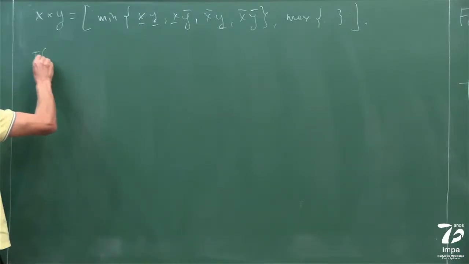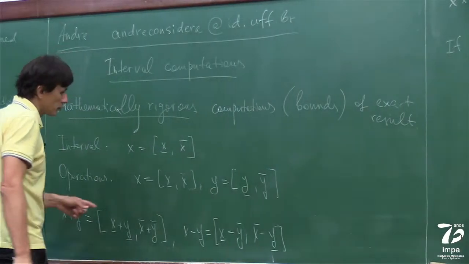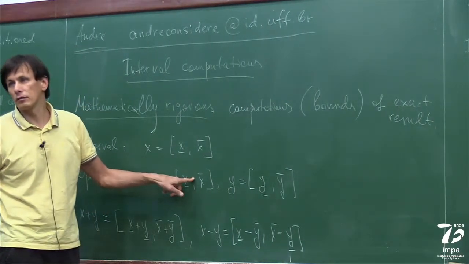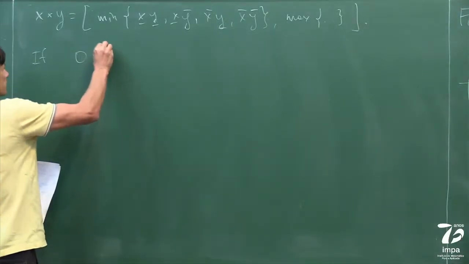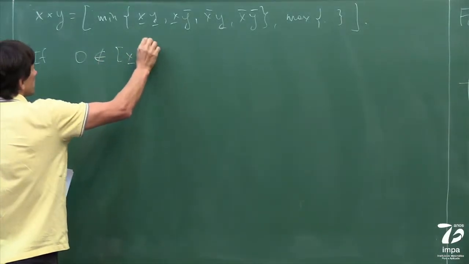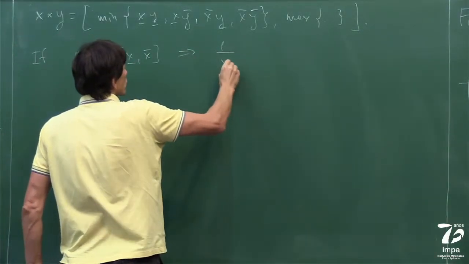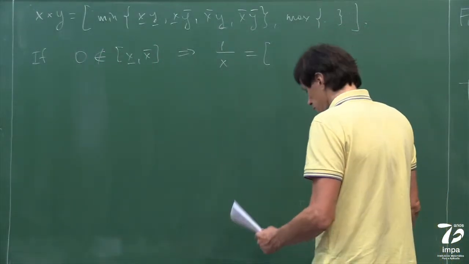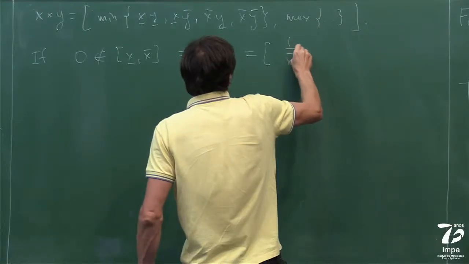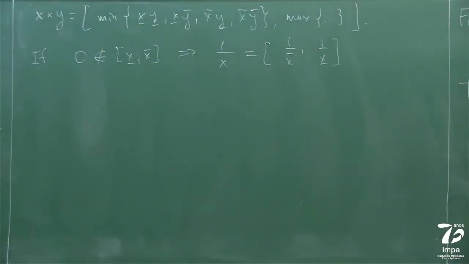Now when you divide, the problem is about 0. So if there is a 0 inside or not. If 0 is not inside this interval, then you can define the inverse of the number as just the inverse of the bounds in the opposite direction, right?